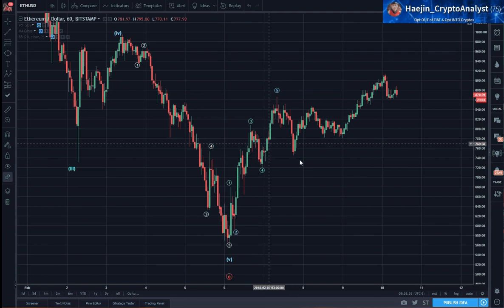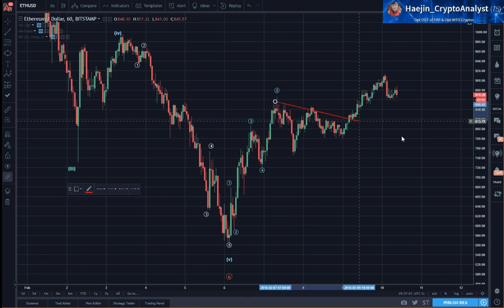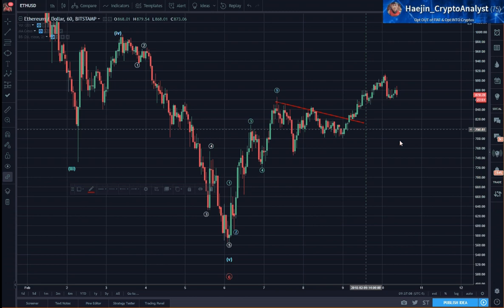You could also potentially call this whole correction maybe a triangle. But I'm not going to right now. I'm just going to keep it as a very simple ABC. You could do A, B, C, D, E. Actually, let's keep it as a triangle.